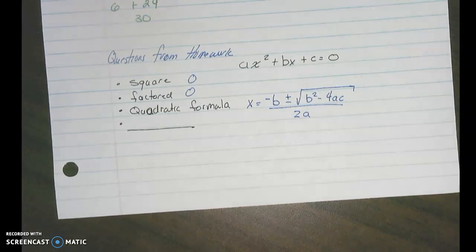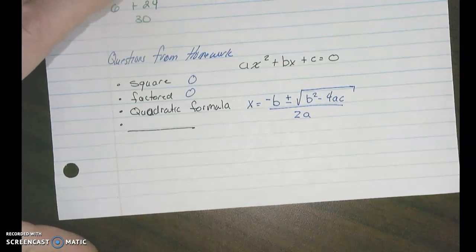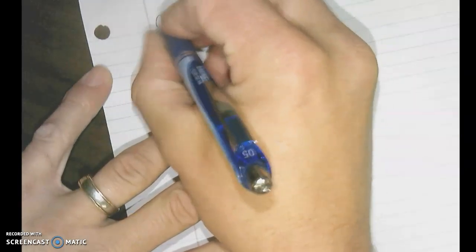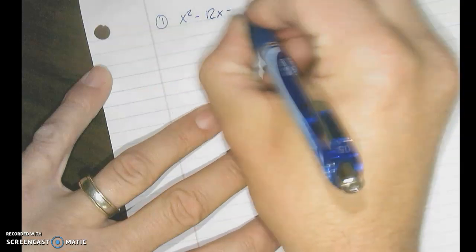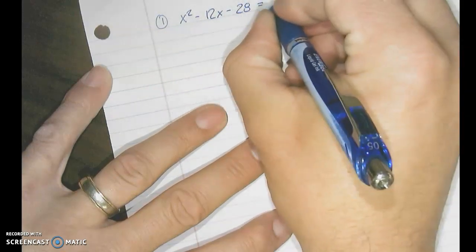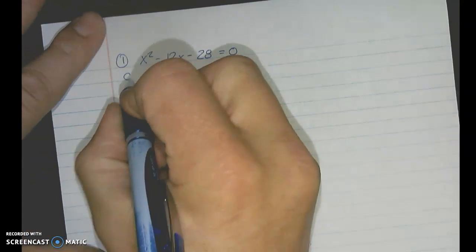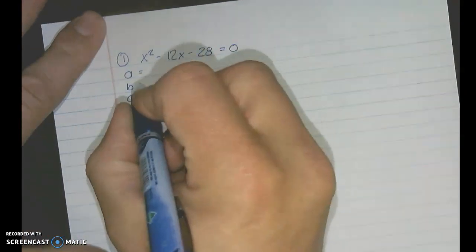Okay, so let's do a couple practice problems with it. You guys got that all written down over there? All right, so let's do number 1: x squared minus 12x minus 28 is equal to 0. One of the things you can always do is write out what the 3 letters are. So what is our a?